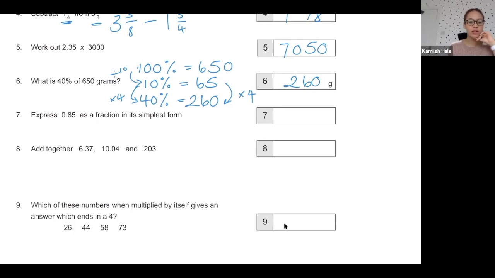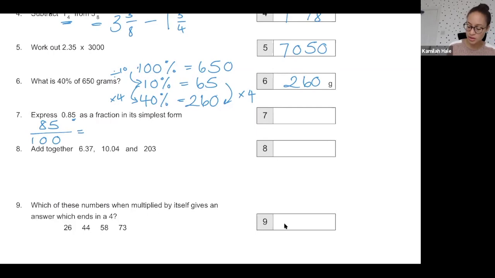Express 0.85 as a fraction in its simplest form. Remember, the denominator is always whichever column this goes up to. It goes up to the hundredths, so 100 is our denominator. So 85 over 100. And what do we get when we simplify 85 over 100? Yeah, good.